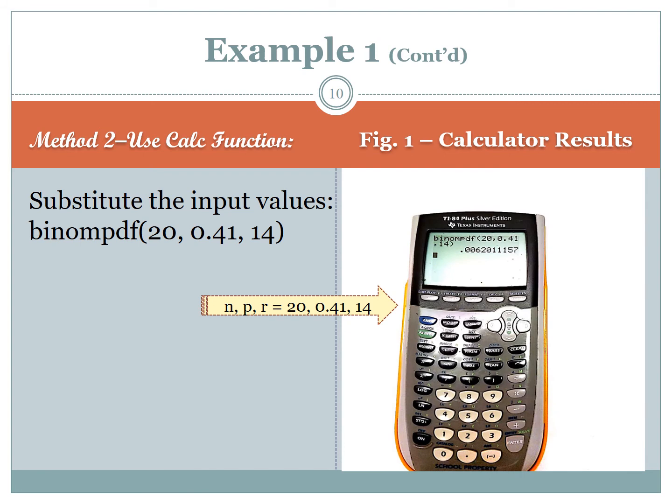You have the N, the P, and the R, which are the 20, the 0.41, and the 14 that we put in the calculator. Then hit enter, and you see up there it says 0.00620, just like we got before. So that becomes my answer. The probability that x is equal to 14 is 0.0062.